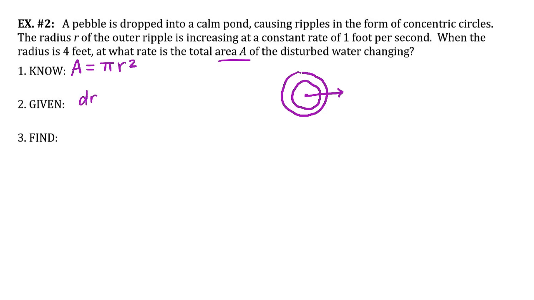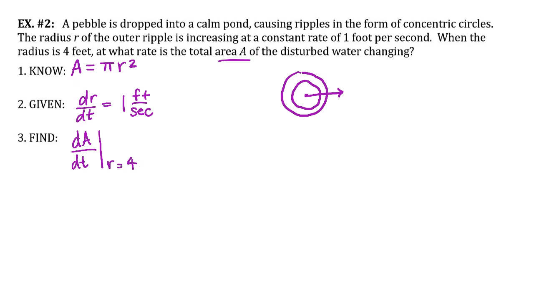So we are given dr/dt is 1 foot per second. Now we need to find the rate of change of the total area when the radius is 4.